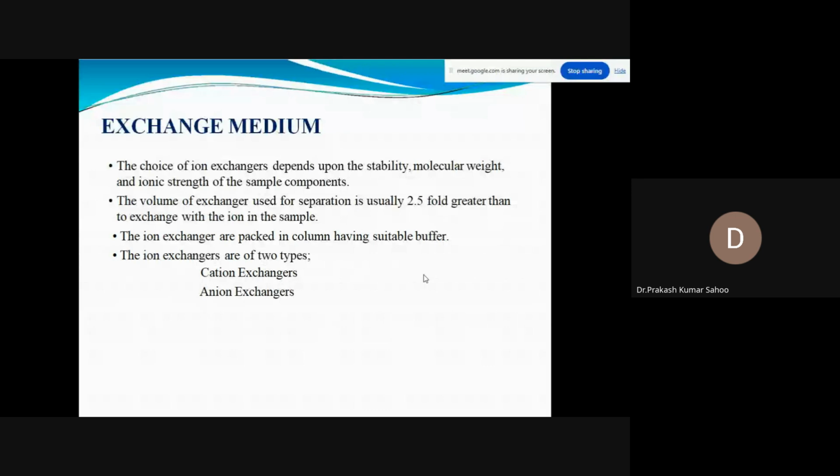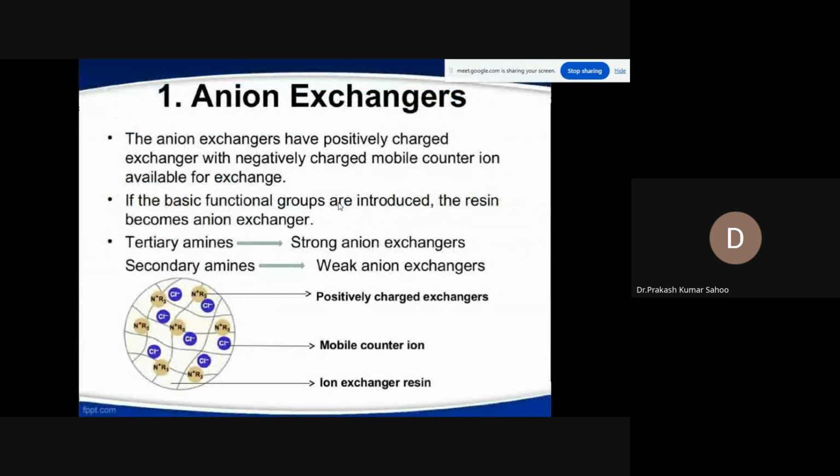The type of ion exchanger to be used depends on the type of component you are trying to separate. Okay, so accordingly you may select the exchanger.